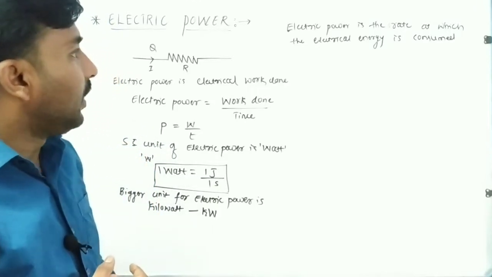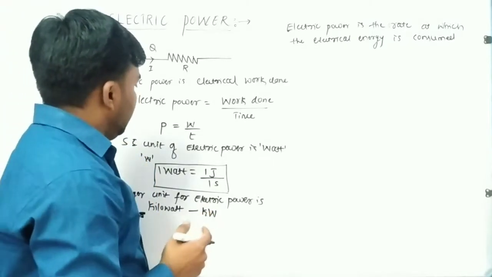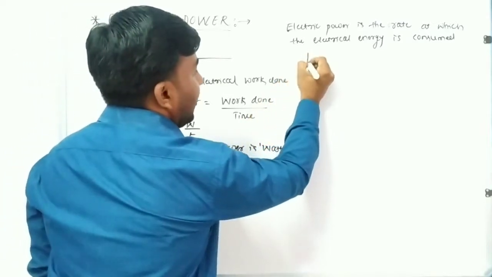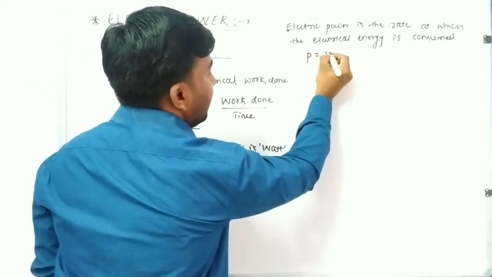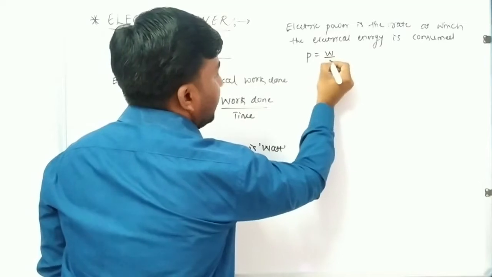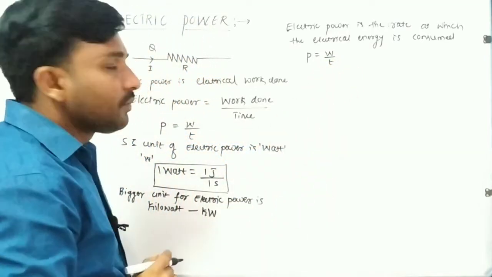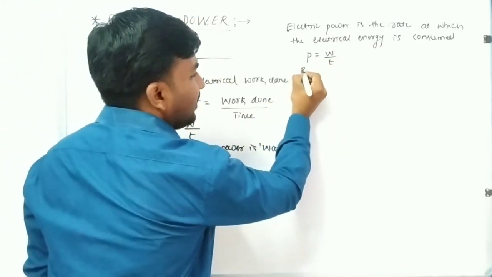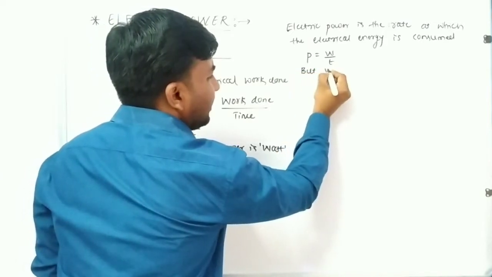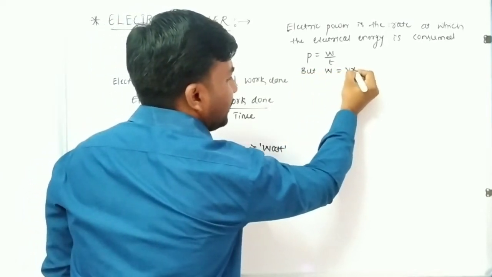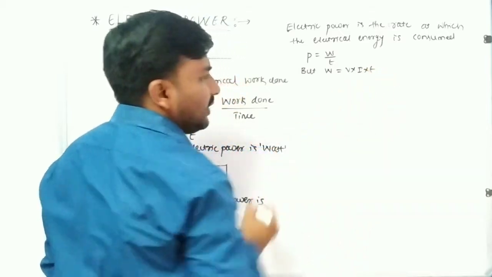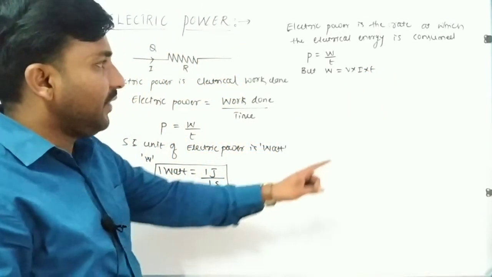Okay, now here the electric power formula I have written is P is equal to W divided by T. But we know that W is equal to V into I into T, from the heating effect of electric current.